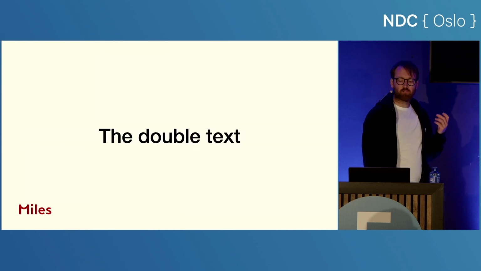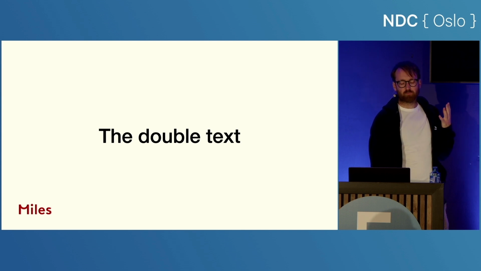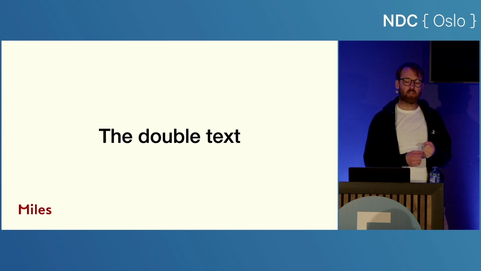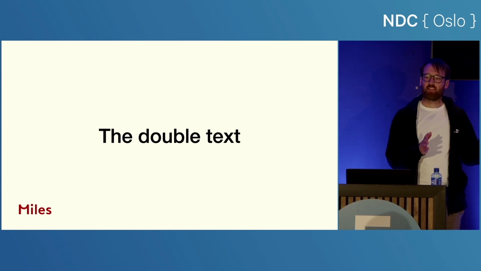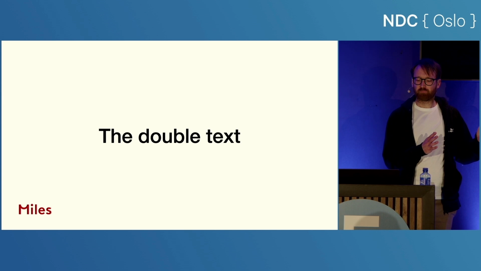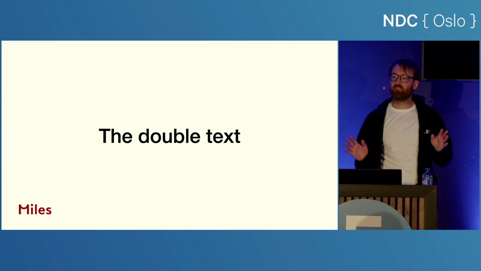So, my double text problem. I got the accessibility tree and filtered out only the text for the buttons and the links and sent each one to ChatGPT and asked, is this text repeating itself? Please only answer yes or no. And it worked very well.